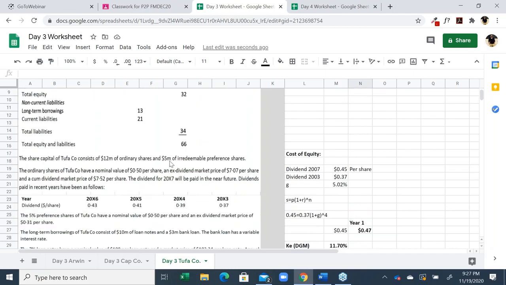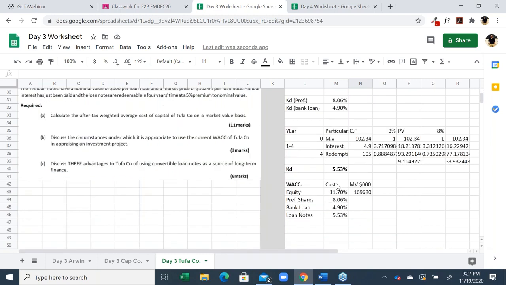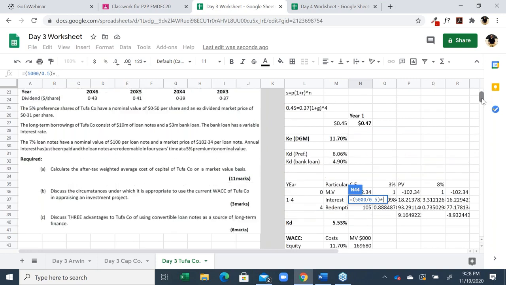Okay, 5 million. So we'll repeat the same type of calculation: 5,000 divided by 0.5 to get the total number of preference shares, multiplied by the price per share, which was 0.31.